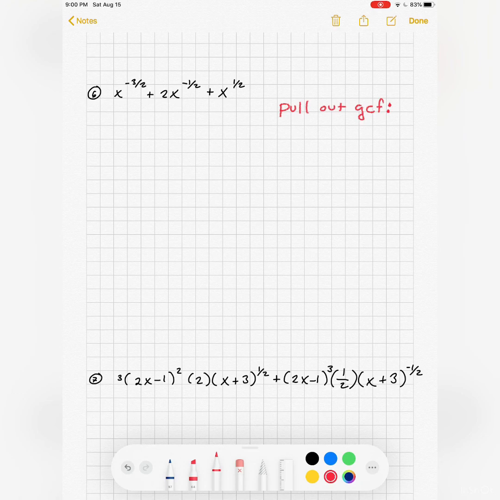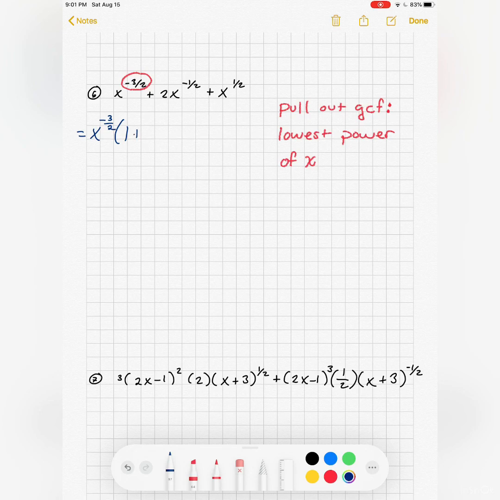Okay, so what I'm going to do is pull out the lowest power of x. What is the lowest power of x that I see here? I see this -3/2. So I'm going to take that out as my GCF.